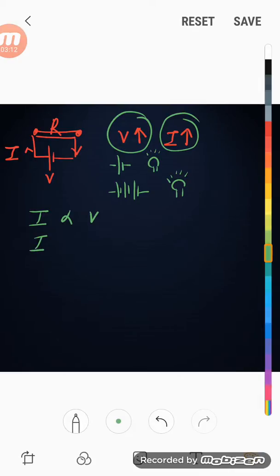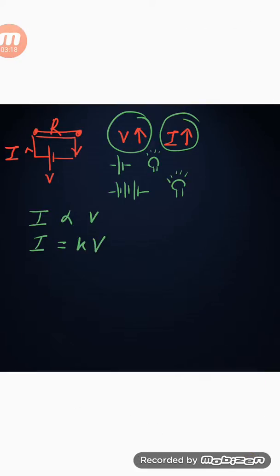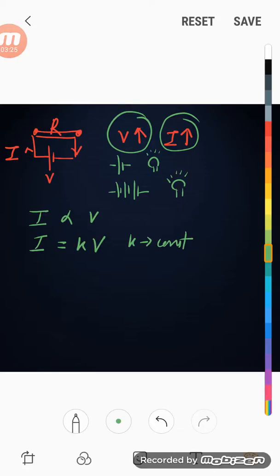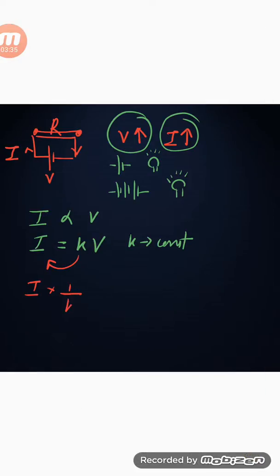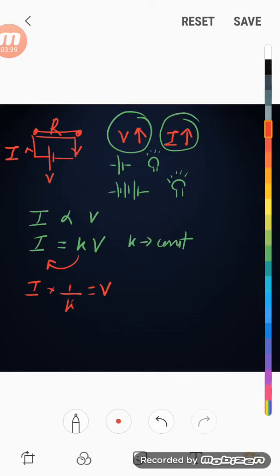So we have I proportional to V, so I equals K times V, where we put some constant. What is K? K is the constant of proportionality, right? So if that K is taken to that side, it will be 1 upon K, right? K that side, so divide.